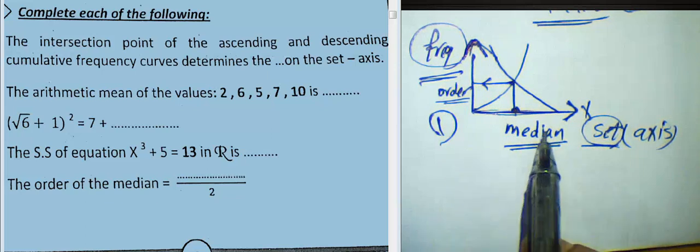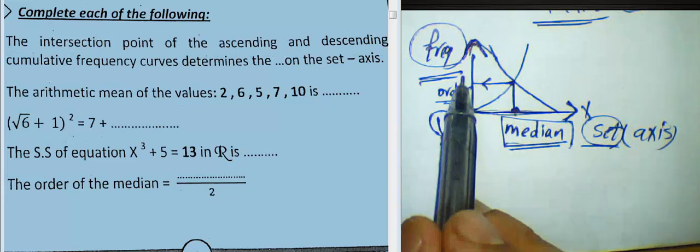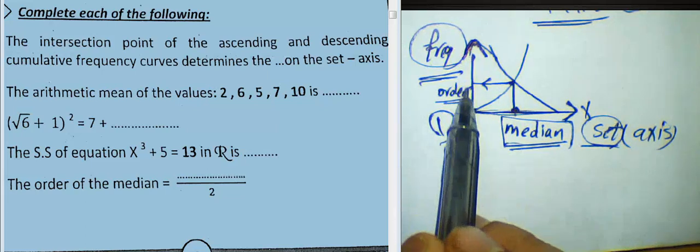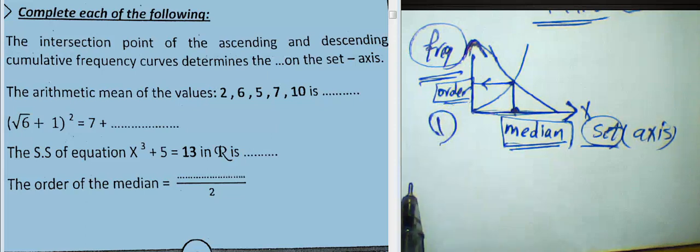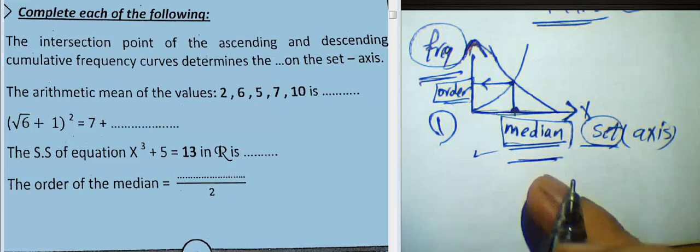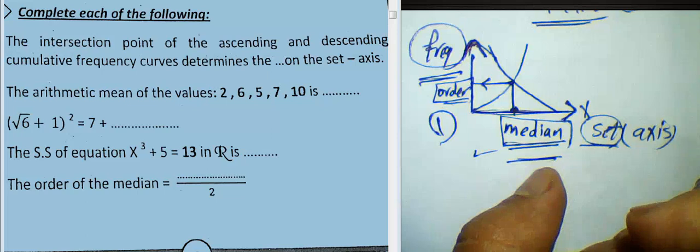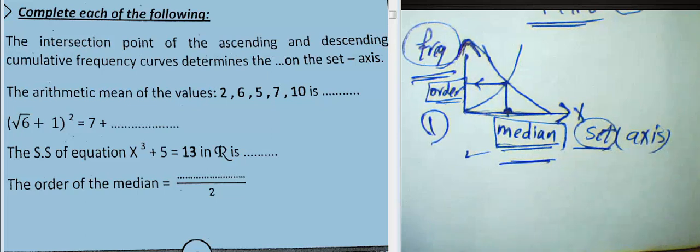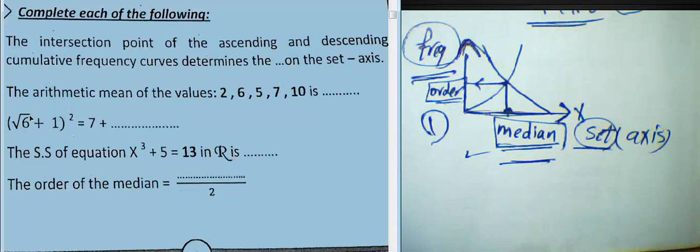So on the x-axis we can determine the median. But if asked about the frequency axis, we can determine the order of the median. So we must write in this space, median on the x-axis. Understood? Okay, next question, question number 2.